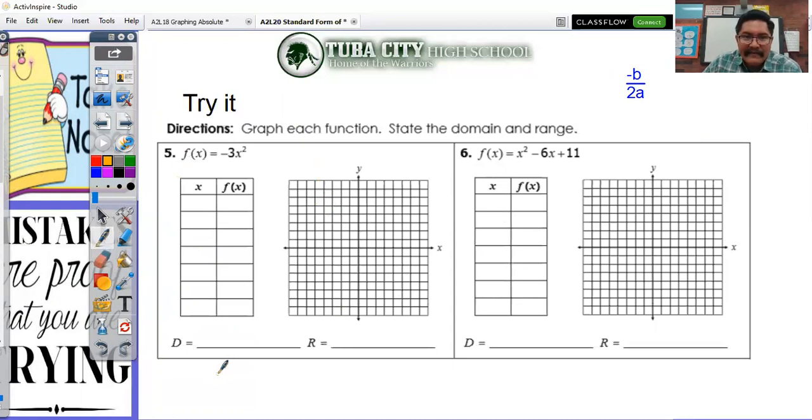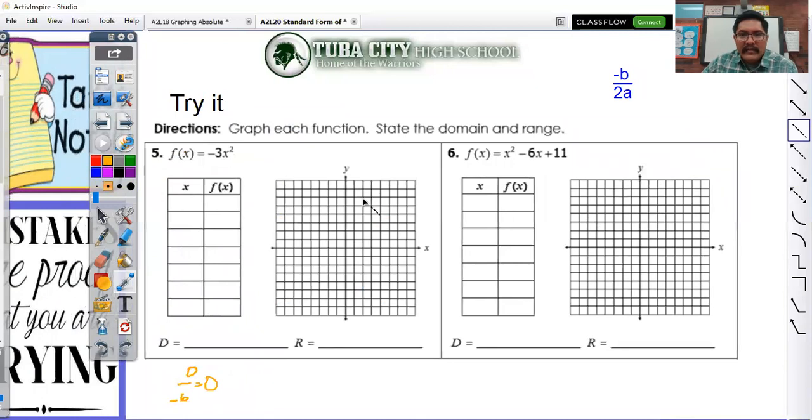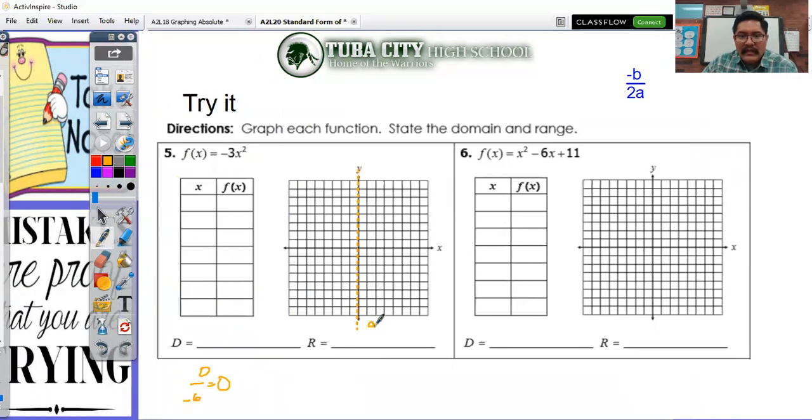Negative b, now in this case we have no b value. And it doesn't matter what our a value is going to be, because if b is 0, 0 divided by any number, in this case 0 divided by negative 6, is still going to be 0. So I'm going to label my axis of symmetry like this, AOS, it's just abbreviated for axis of symmetry.